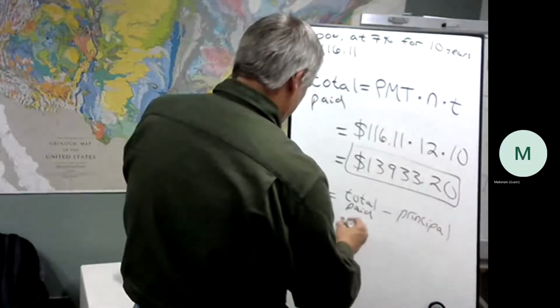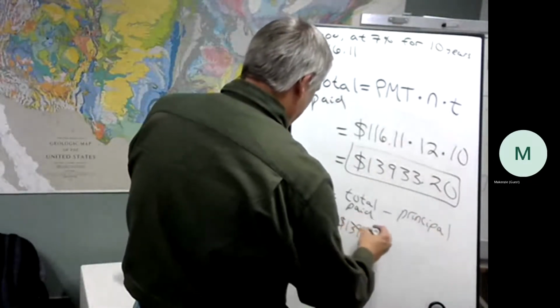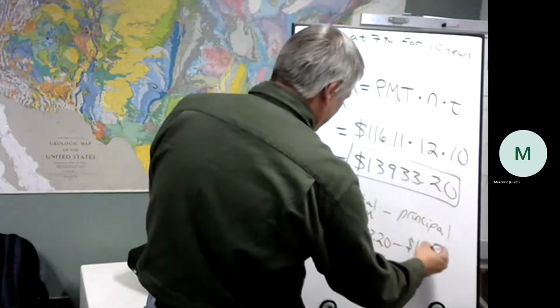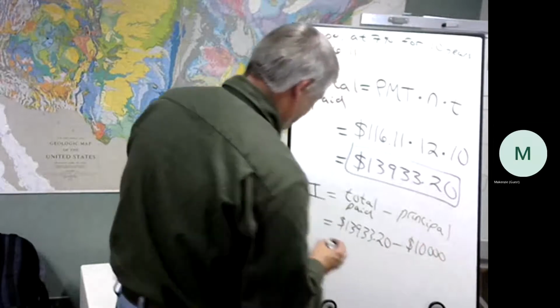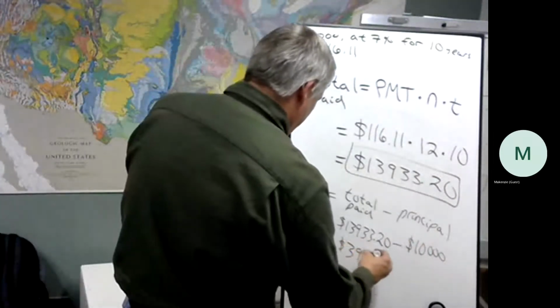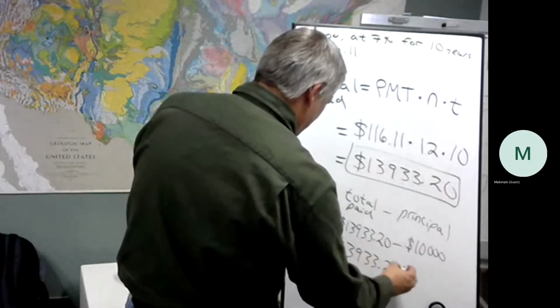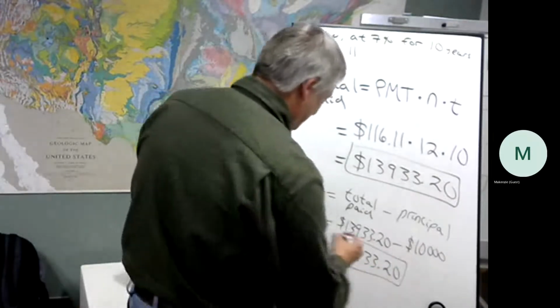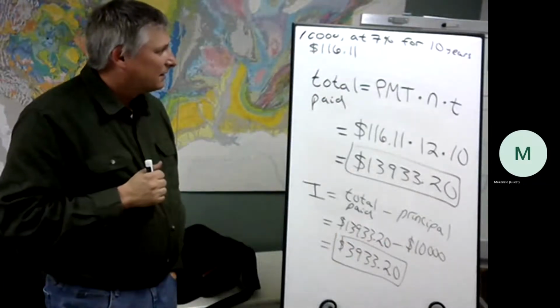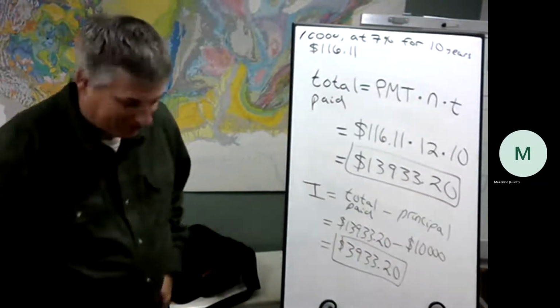So it's going to be 13,933.20 minus 10,000. And that'll come out to $3,933.20. So that's how much is interest.